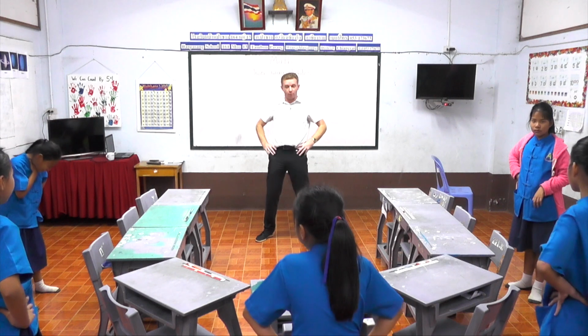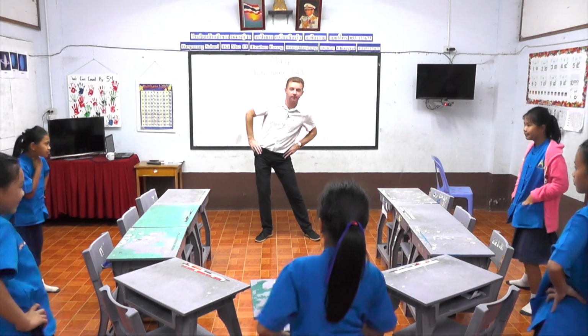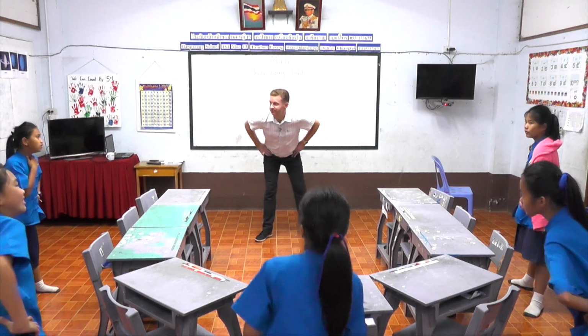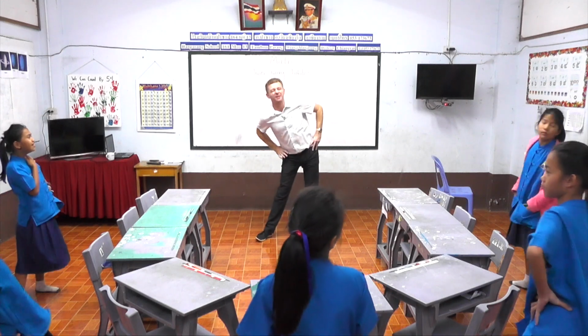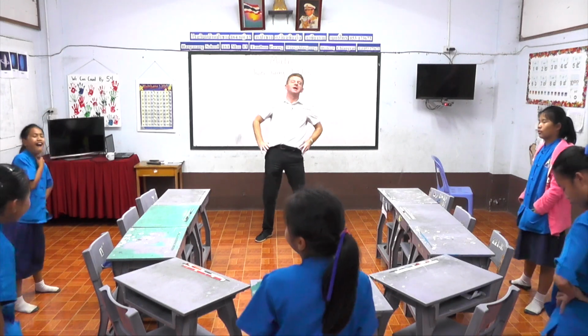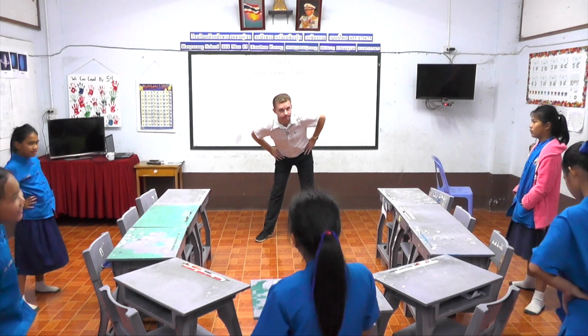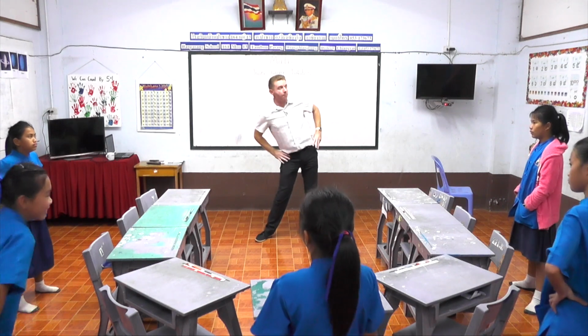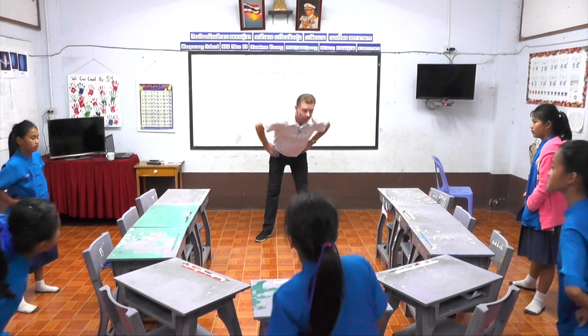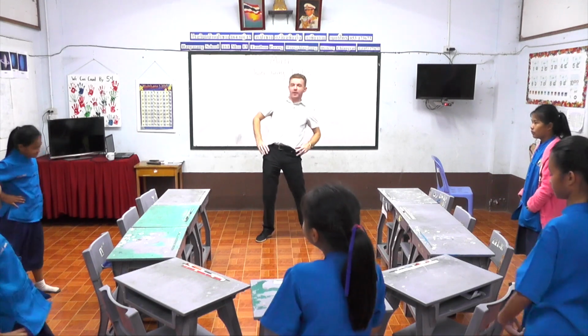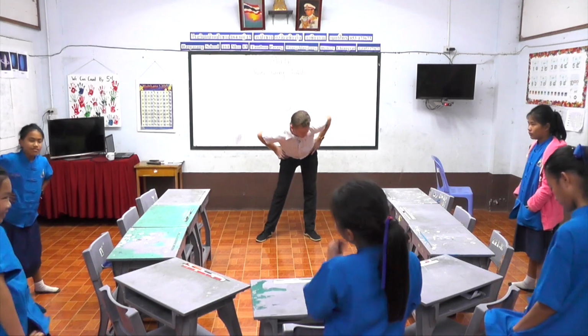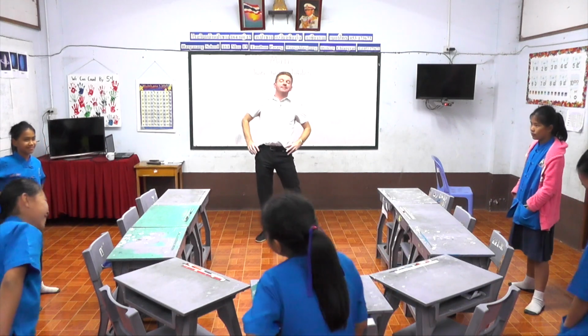Now let's go round and round. Round and round. Give our spines a nice stretch. And stop. Now we'll go back the other way. Round and round the other way. Excellent, guys.